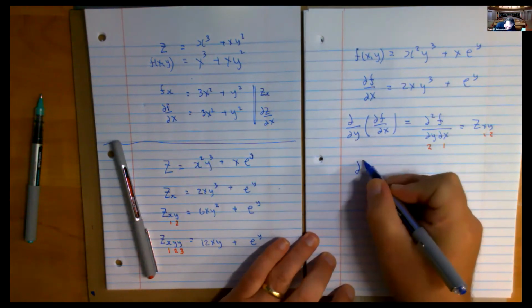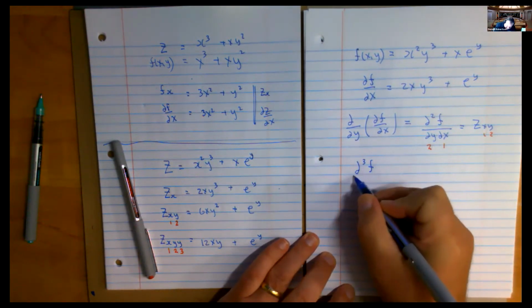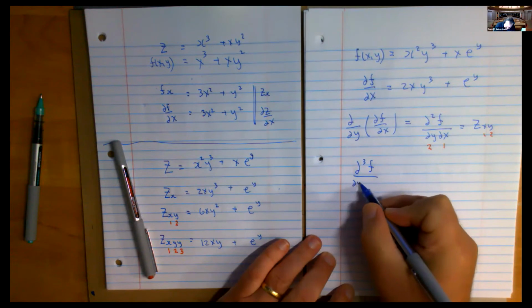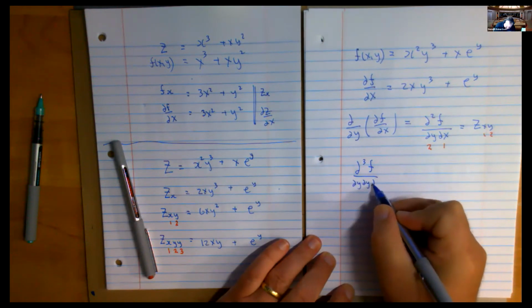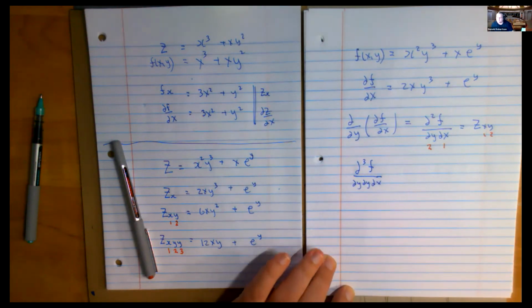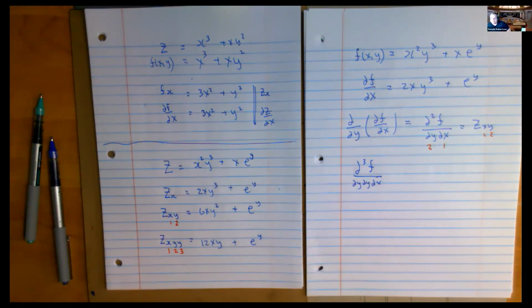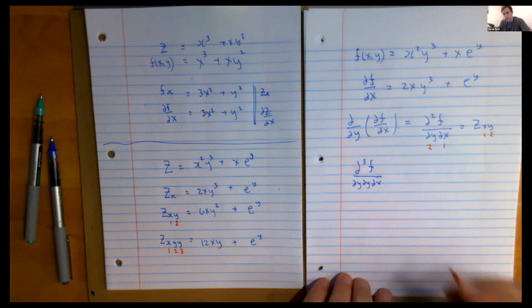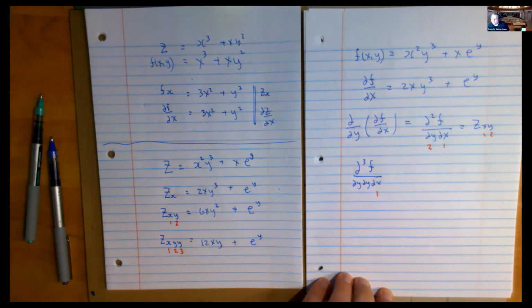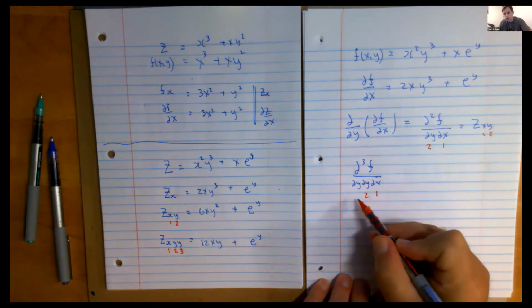So if you, for instance, were being asked to do this one, what would you start off with? Which would be the first variable to do your partial derivative with? X. And then? Y, and then the other y. Yeah.